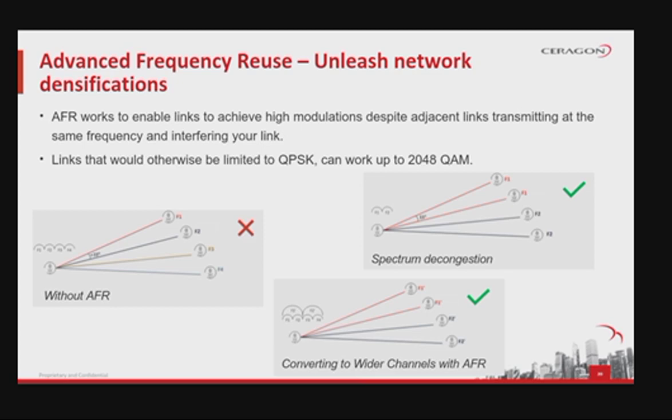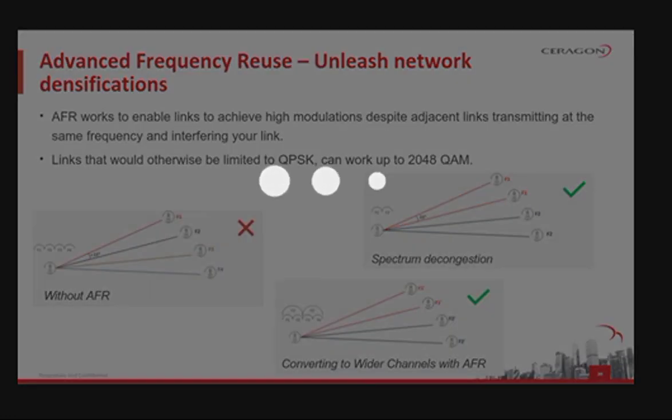Links that would otherwise be limited to QPSK can work up to 2048 QAM. Thus, AFR enables the reuse of frequencies and also the establishment of wider channels in much denser deployment scenarios than possible through conventional link spacing parameters.